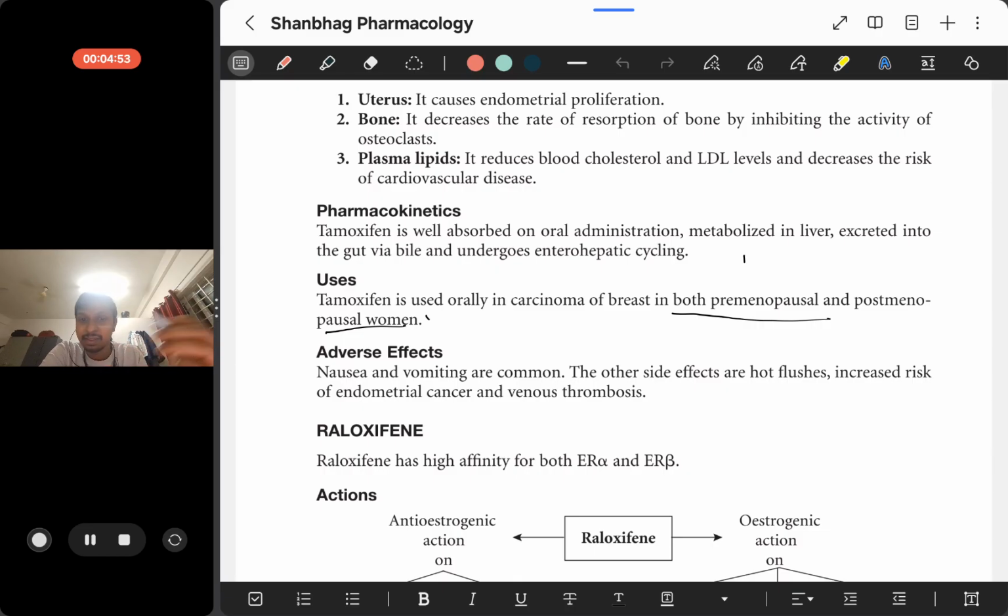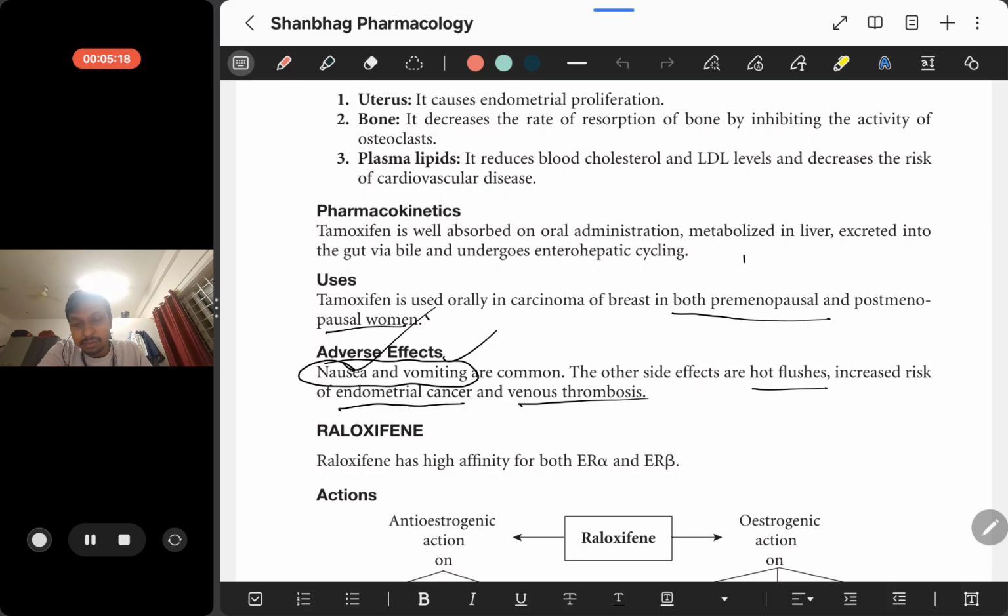Now let us see the adverse effects. First, all oral pills have this famous side effect, that is nausea and vomiting. Other side effects we have seen are hot flashes, increased risk of endometrial cancer and venous thrombosis. Why endometrial cancer?